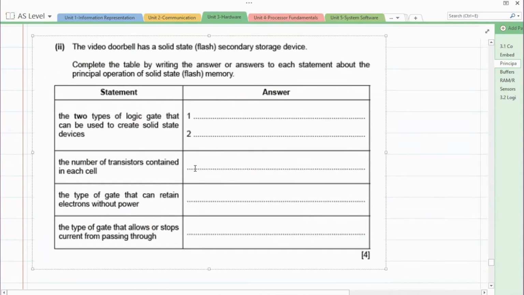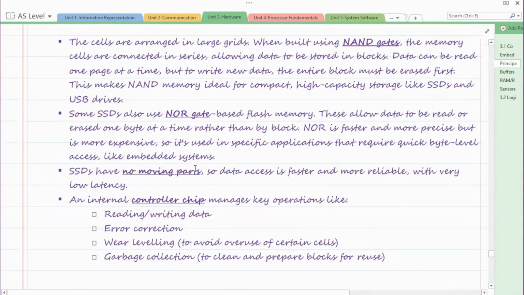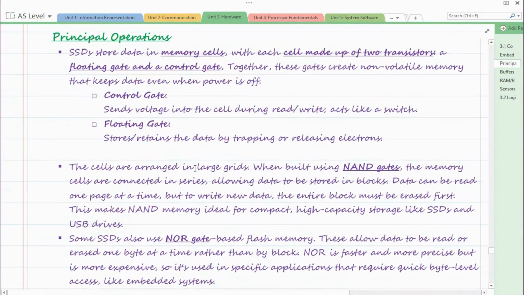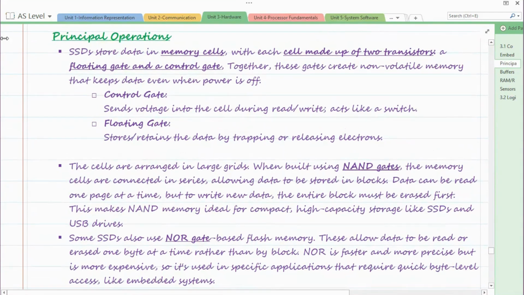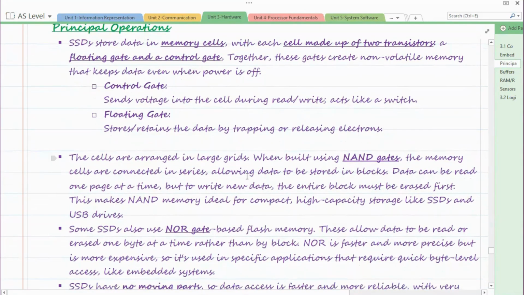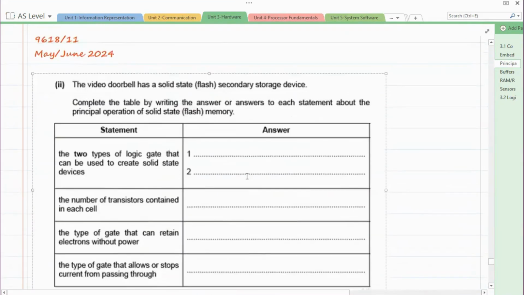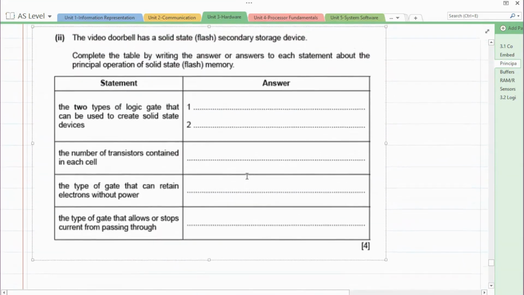We have just covered all this as part of the principal operations, right? In these paragraphs I have mentioned how many transistors there are, which gates there are, and using which gates we build SSD. So let's try and answer these questions.